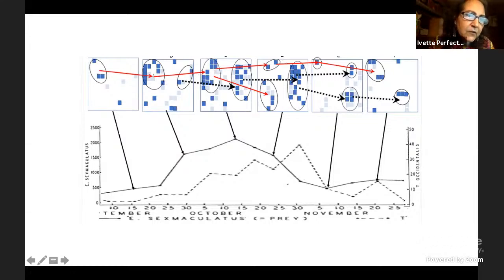And if you choose this other area here, there's another small cluster, that cluster grows, and then it becomes even bigger, and then eventually it splits, and then eventually one of the smaller clusters disappears and the other one stays.